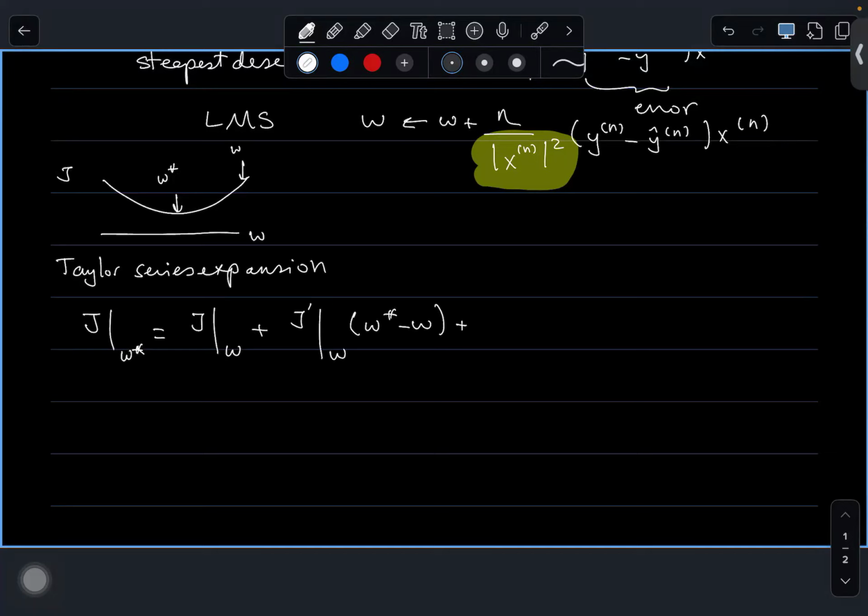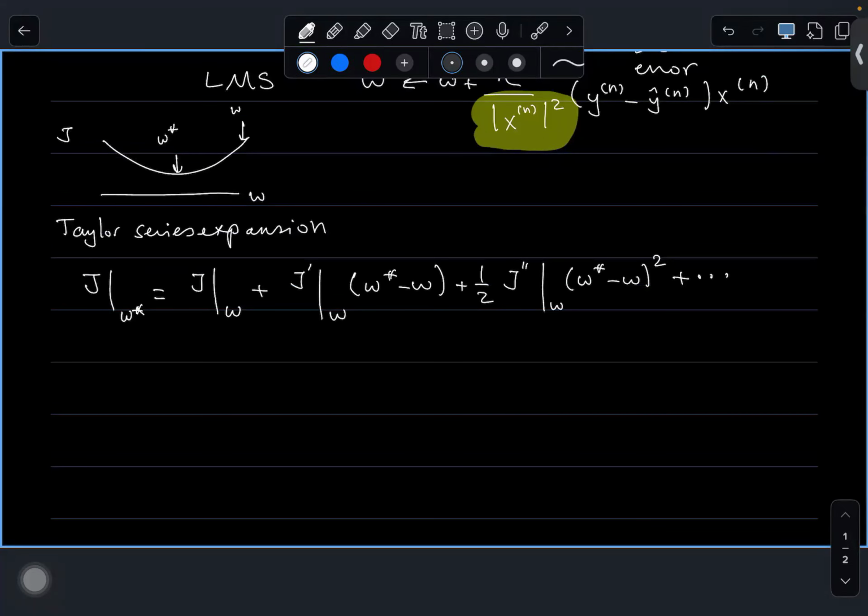And then I have the higher derivatives, 1/2 the second derivative of J, plus so forth. So that's a Taylor series expansion showing you how the function J at the place that I'm interested, W star, is related to where I am, W, plus the first derivative of that function, plus the second derivative of that function, and so forth.